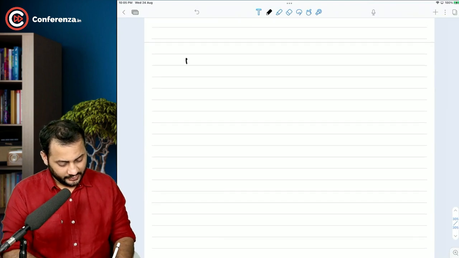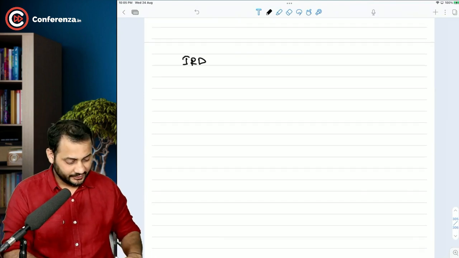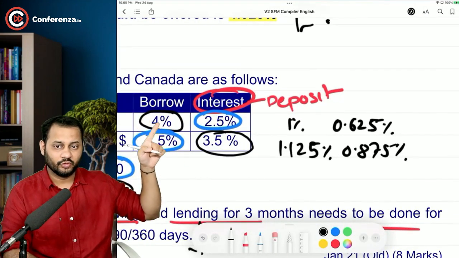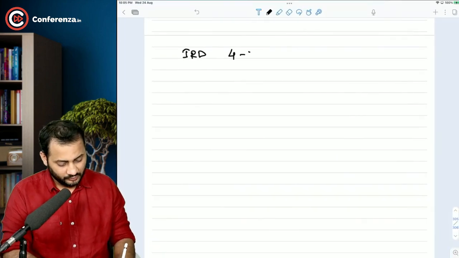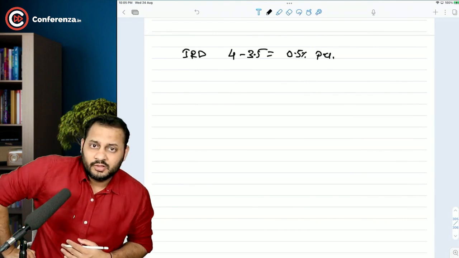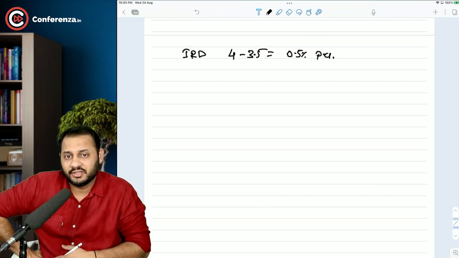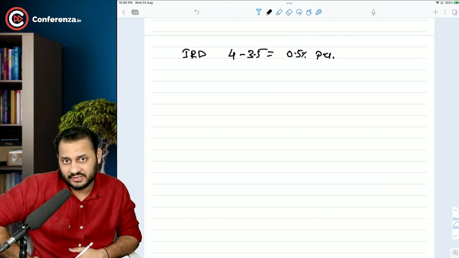So I will take interest rate differential. I will take all the black circled figures, right? You can see the interest rate difference between 4 and 3.5% is 0.5. 4 minus 3.5 is 0.5% per annum. That means the forward premium in low interest rate currency, or we can say forward discount in high interest rate currency.